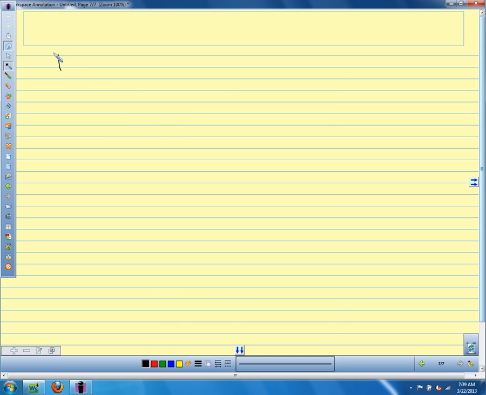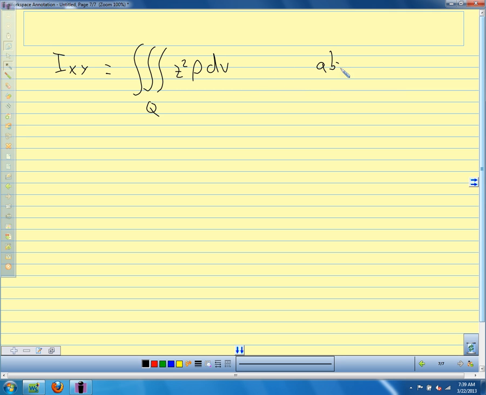I sub xy is a triple integral over our region of z squared rho dV, and this is about the xy plane. And then the others are just the different combinations of our variables. Are these still the moments? These are still moments, yes, second moments. So I sub yz is going to be the integral of x squared rho dV.